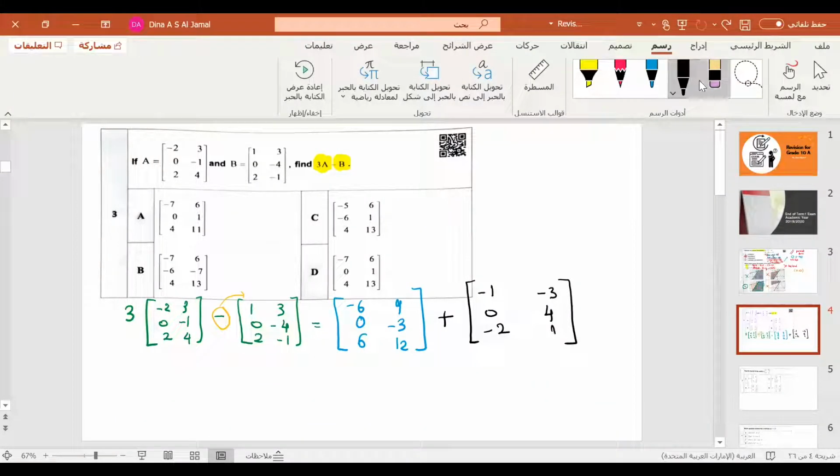Then you can add minus 6 plus minus 1, directly it is minus 7. 9 plus minus 3, 0 plus 0, minus 3 plus 4, 6 plus minus 2, 12 plus 1, which is 13. And this will go for option D.